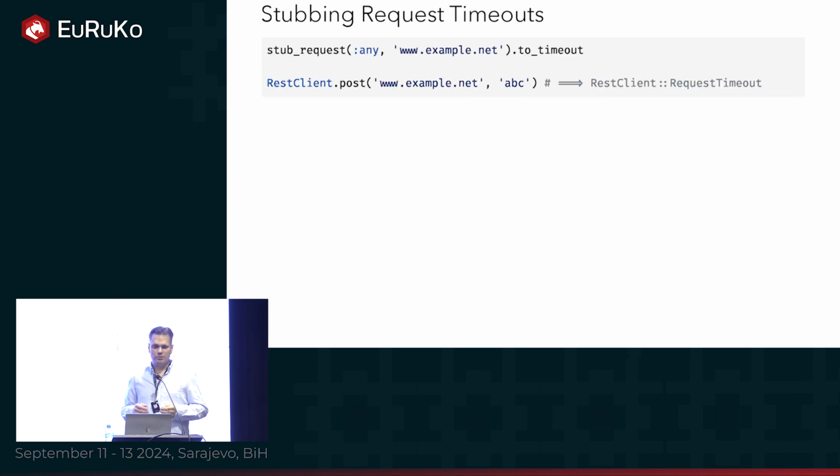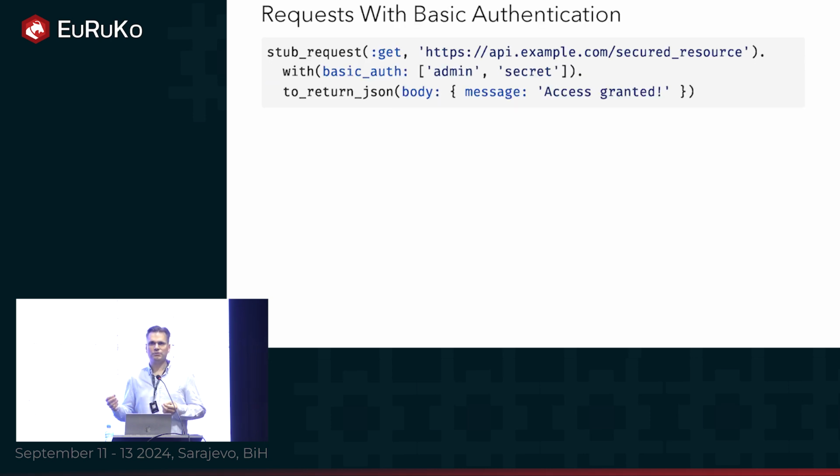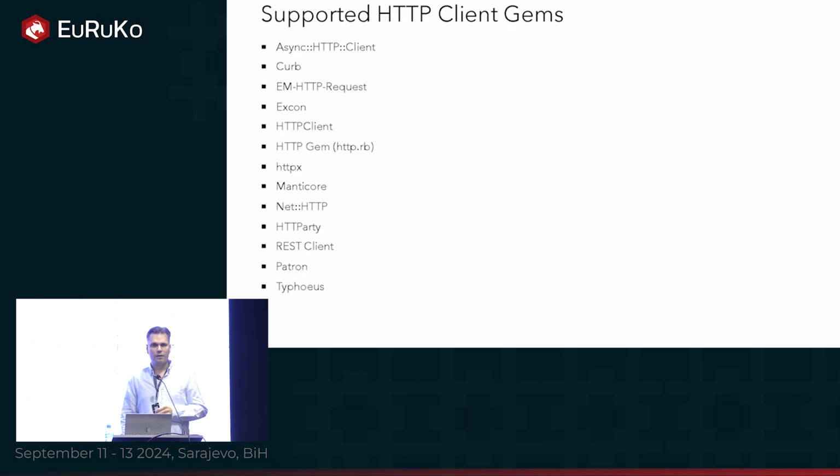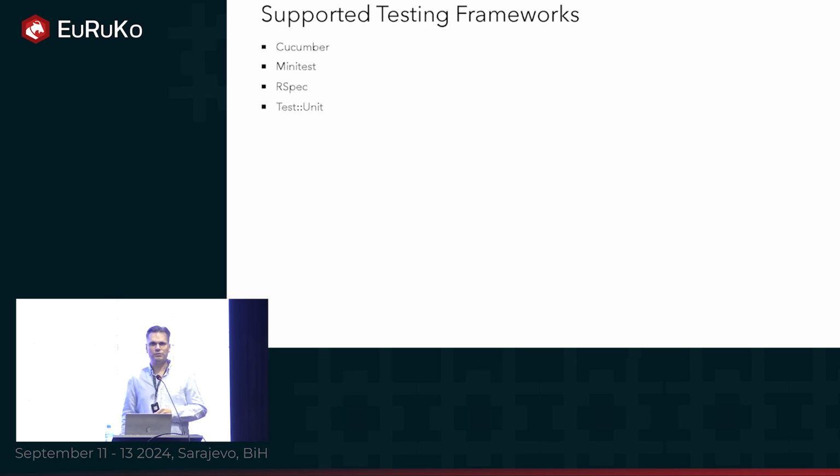WebMock offers many features when stubbing, so you can stub your request to time out, or you can stub requests with basic authentication, or you can even record raw responses with curl, and then declare stubs that will return these raw responses. WebMock supports all popular HTTP clients in Ruby, and it supports all popular testing frameworks.